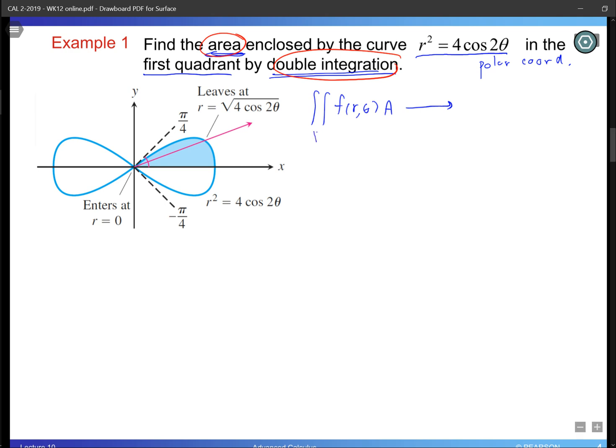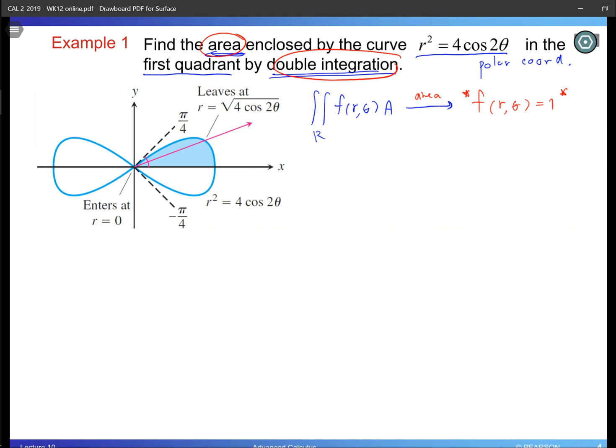If we want to make this formula an area, we need to make the function value equal to 1. That is the key to solve this problem. So that is the first thing we are going to do.